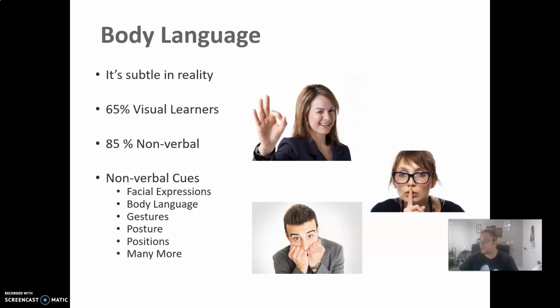And there's a lot of different elements where you can see different cues. This can be done through facial expressions, body language, gestures, posture, positions, and so many more. And just by taking a look at these base 3 characters, these people we have right in front of us, they all are trying to tell us something different just with the expressions and the body language and the facial expressions they are making.